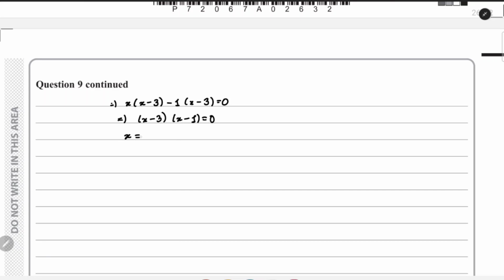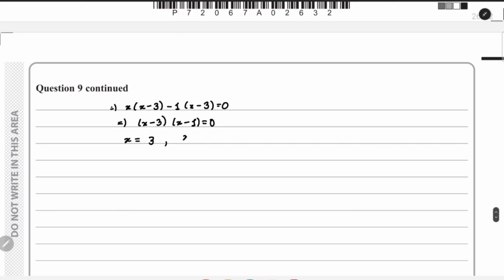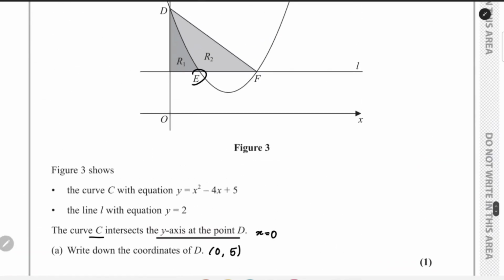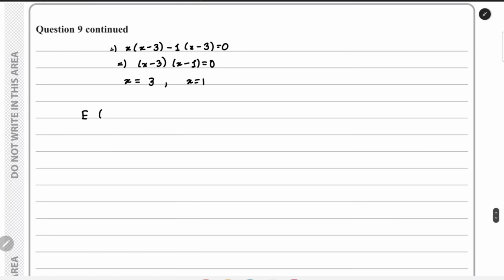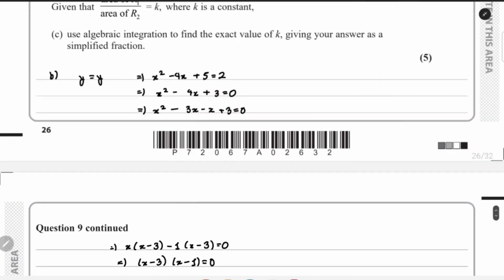So the value of x can be 3 or 1. E is to the left, so it has a smaller value of x. So at E, x equals 1, and at F, x equals 3.